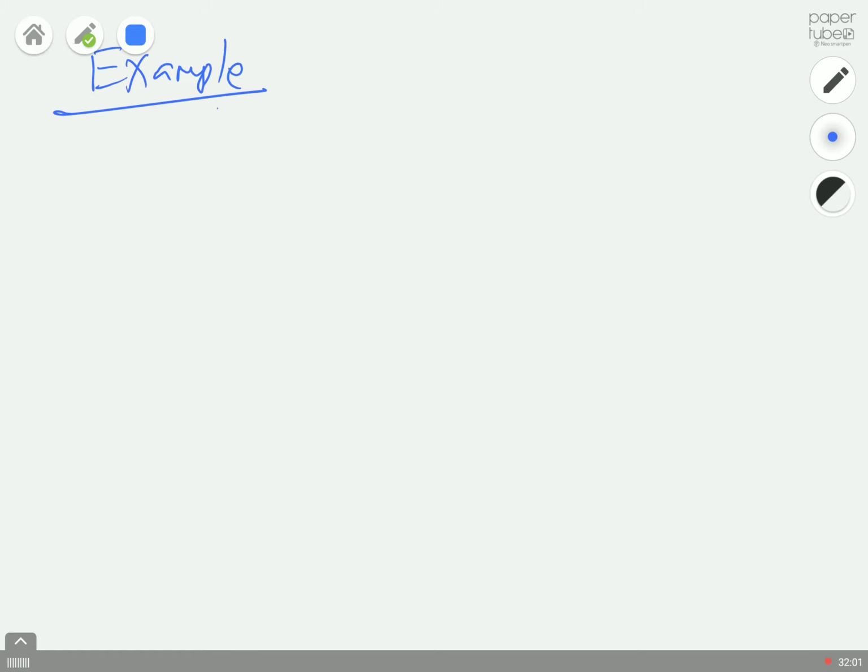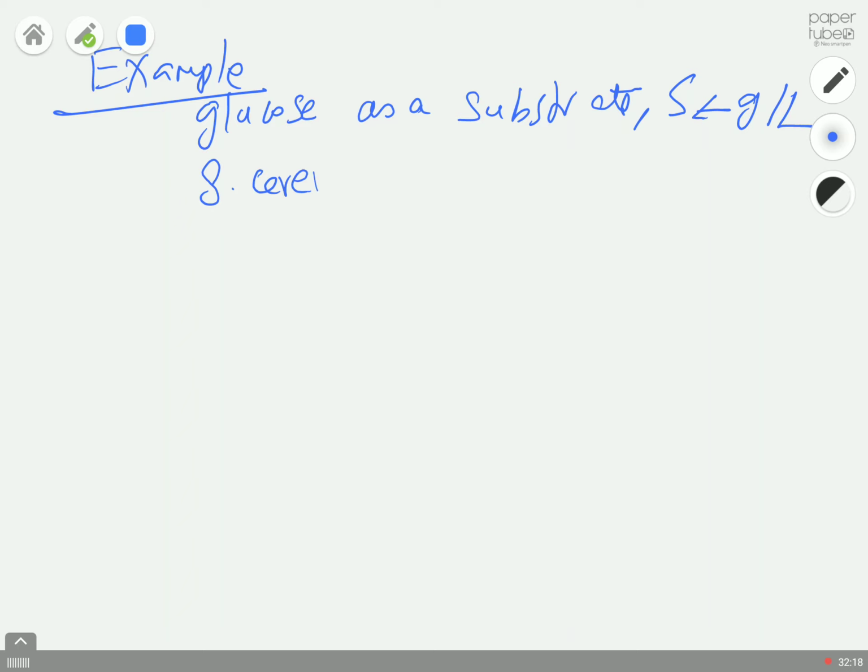Say we used glucose as a substrate, expressed in grams per liter, and some microorganism, Saccharomyces cerevisiae. In fact, they use this one to convert glucose into alcohol. So this is your microorganism.